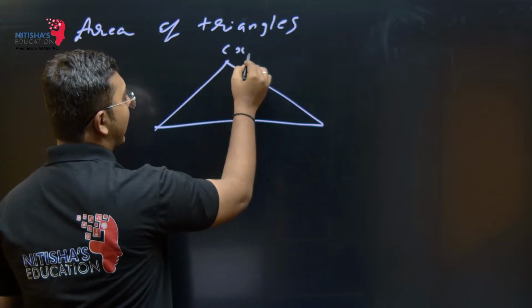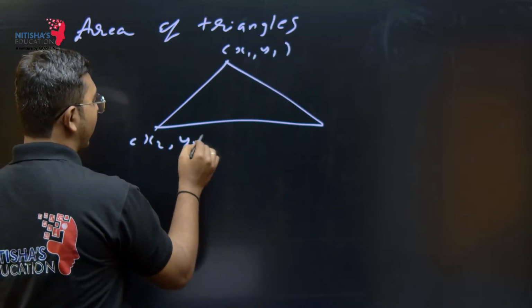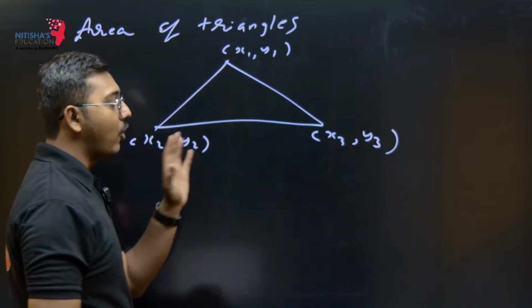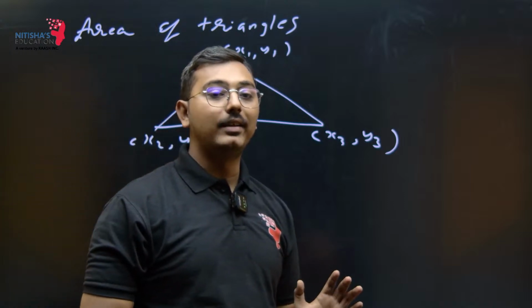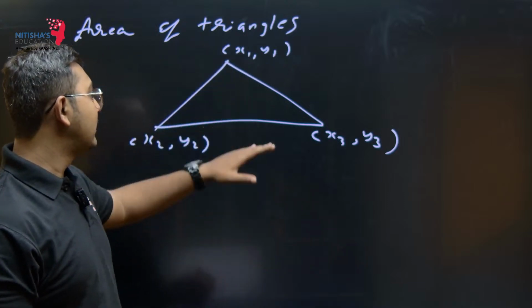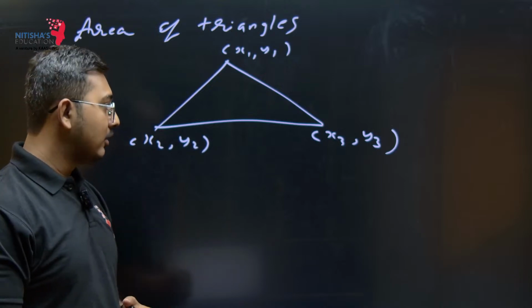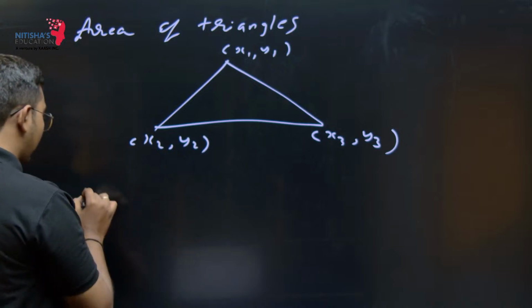Now name the vertices x1, y1, x2, y2, x3, y3. These are the coordinates of the three vertices of this triangle. Now we have to find the area enclosed by these three coordinates. How will we be able to find it? So bear with me. This is a very simple thing.